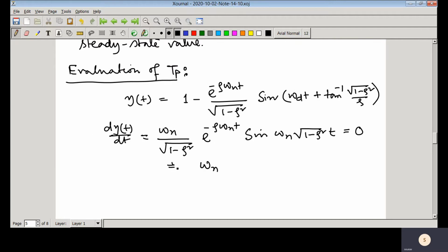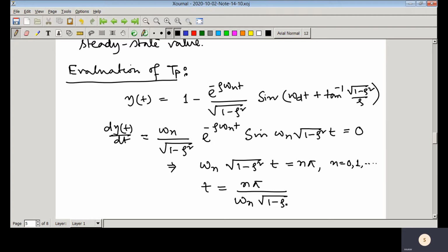So this implies that omega n square root of 1 minus zeta square t equals n pi, where n equals 0, 1, 2, 3, and so on. So here we can have that t equals n pi divided by omega n square root of 1 minus zeta square.